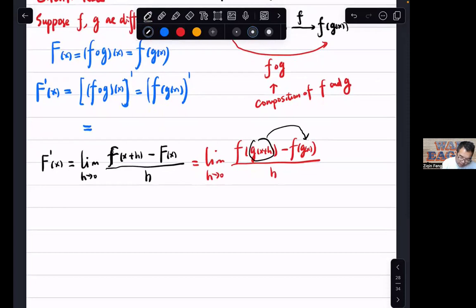So this is the same as the limit as h goes to 0 of f of g of x plus h minus f of g of x, over g of x plus h minus g of x, times g of x plus h minus g of x over h. You can consider g of x as a here. Then g of x plus h is some term getting closer and closer to a.